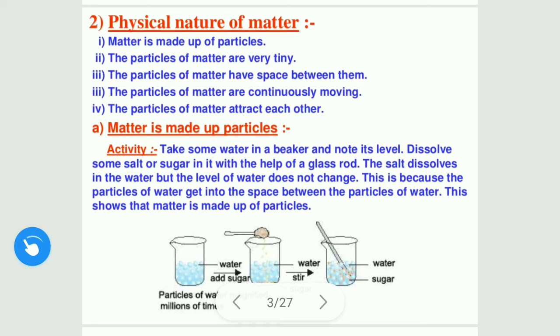The salt will dissolve in water, but the level of water does not change. This activity proves that matter is made up of particles. Hence, there is some space between the particles of water, and hence salt gets dissolved in it.